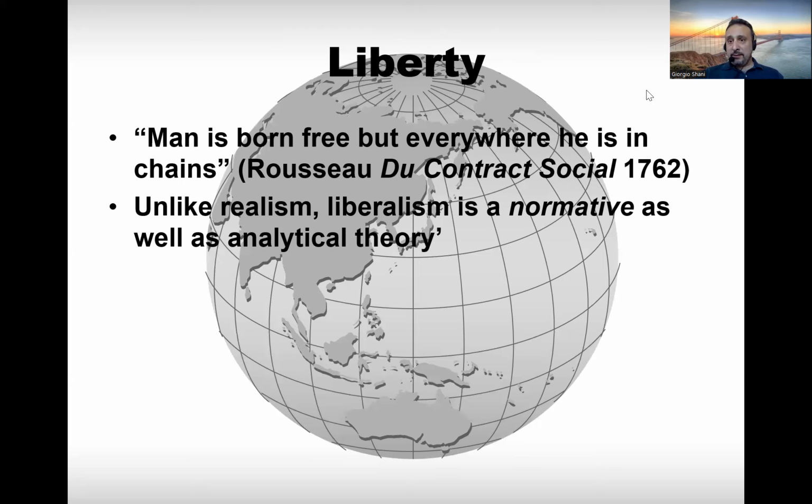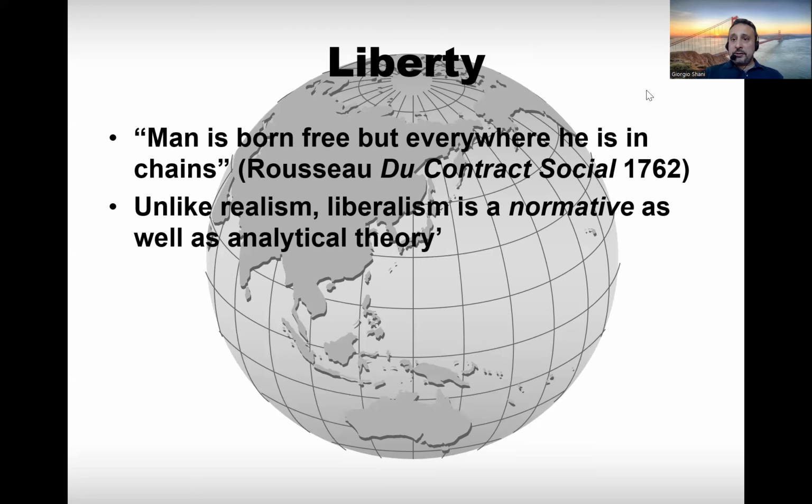Now, Rousseau believed that we should free, meaning we should emancipate those who are unfree. And by and large, liberals believe in this. They believe in the importance of emancipation and of liberation.